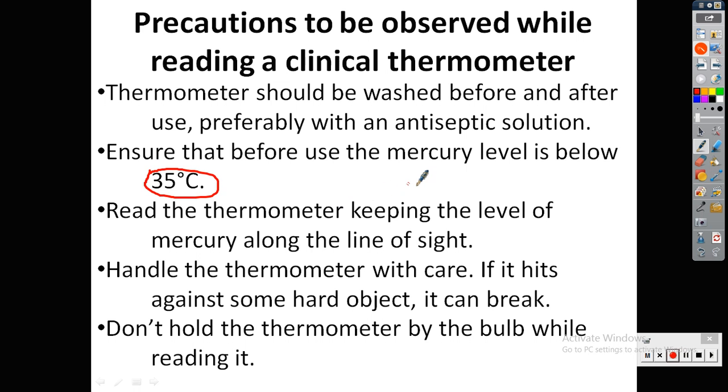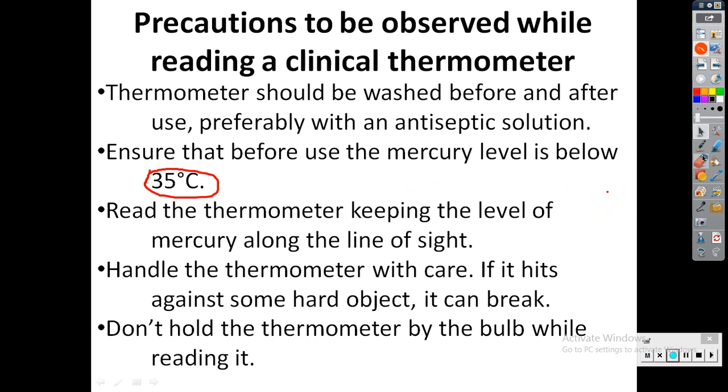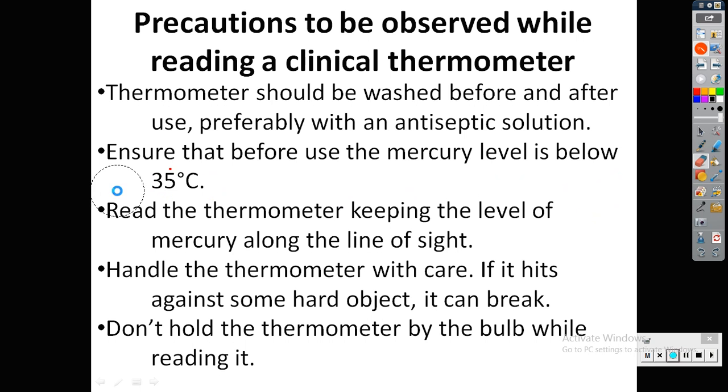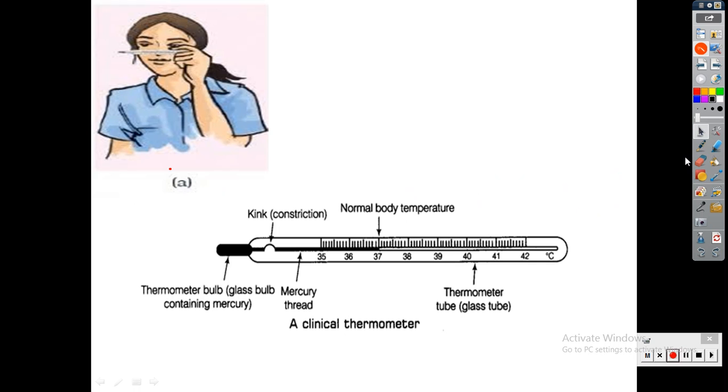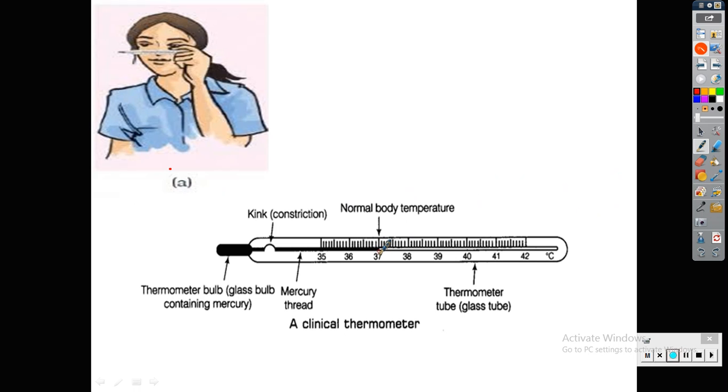If the mercury level is on 37 and we keep it on another person, the mercury will rise from this point to more, so we will not get the correct reading.